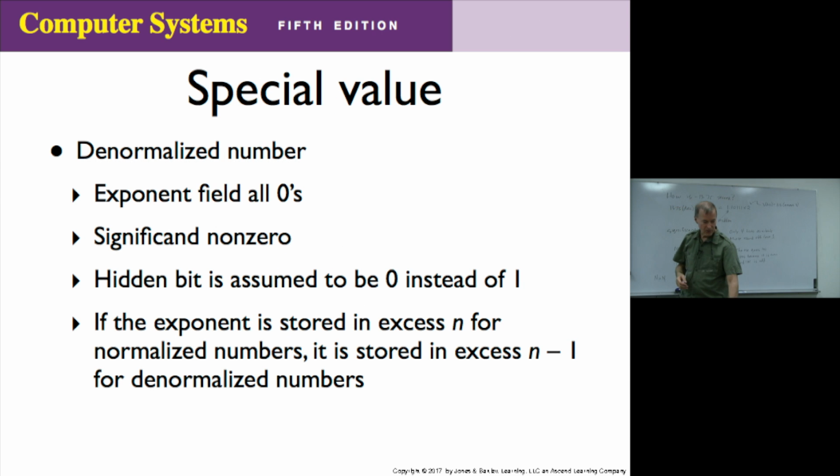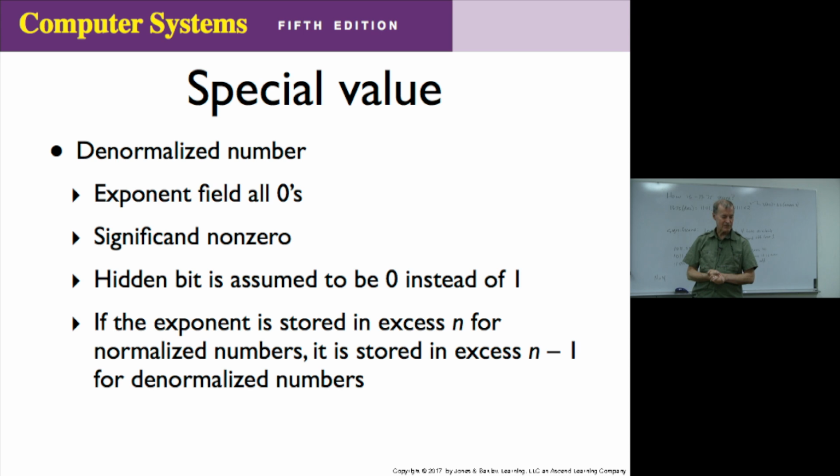And there's a rule for how to calculate these special values using denormalized numbers. A denormalized number has an exponent field of all zeros, and the significand is non-zero.